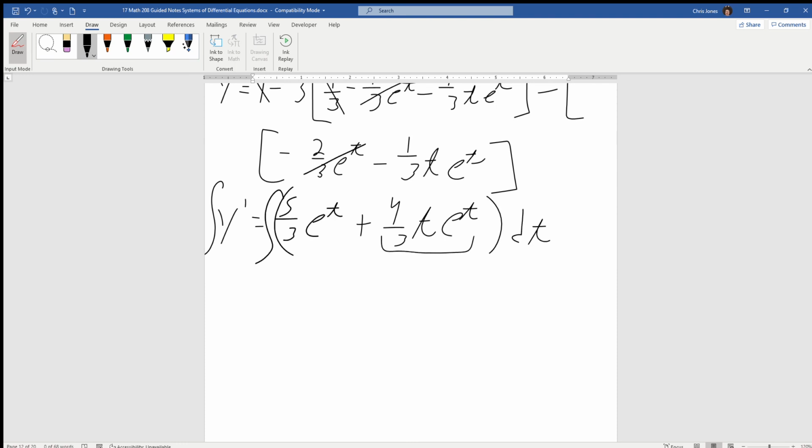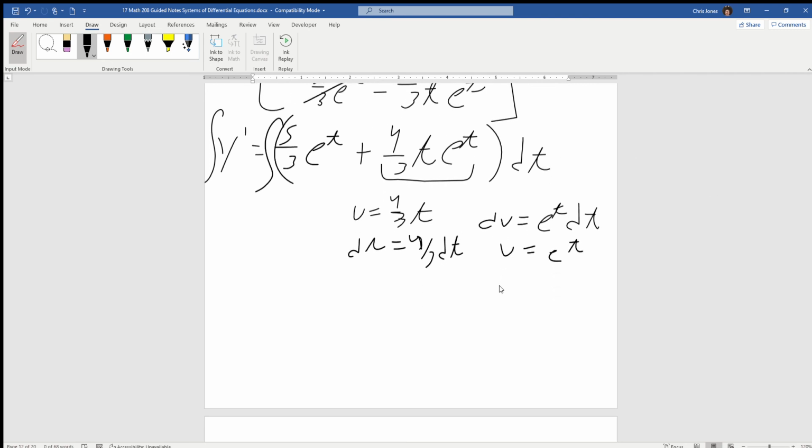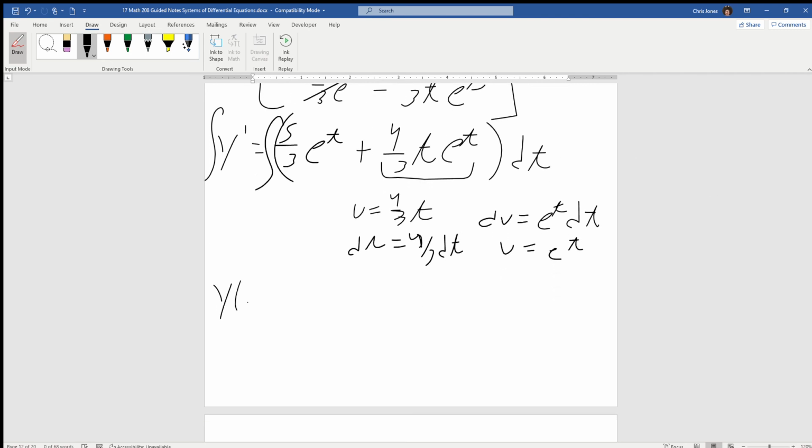This is going to be an integration by parts, so we're going to let u be equal to 4/3 t. We're going to let dv be equal to e to the t dt, and then du is our 4/3 dt, and v is just e to the t, which is really nice. All right, so let's see what we can get for y at t.